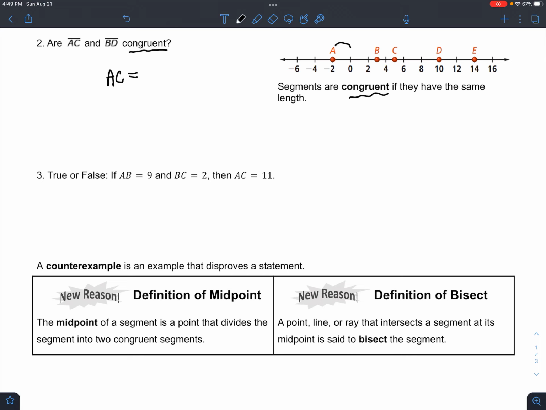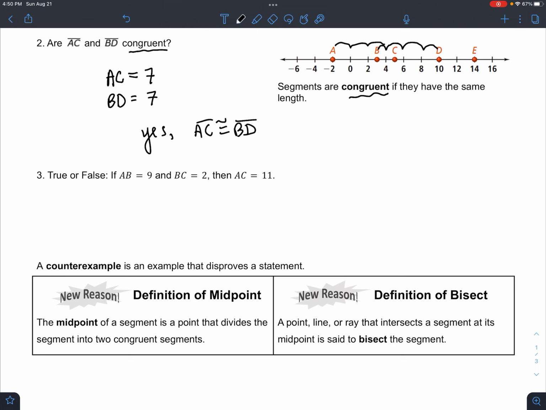Okay, so 2, 4, 6, 7. And then the length, the number, not the object, the length from B to D is going to be 1, 3, 5, 7. So yes, we would say that these guys are congruent.